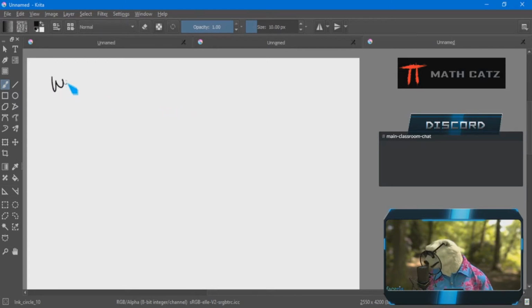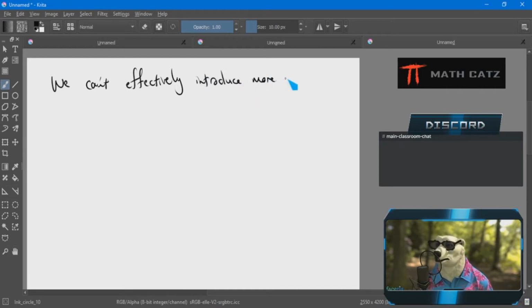So let's say here, we can't effectively introduce more and more symbols, right? People are going to forget. It's just going to get really long. You see some of those Roman numbers are super long, and it gets a little tricky.